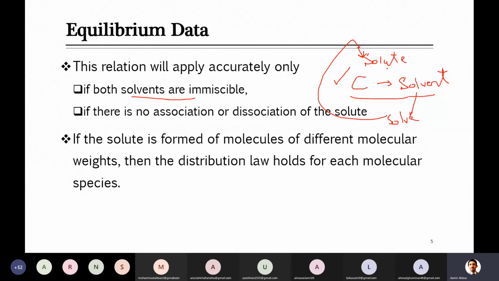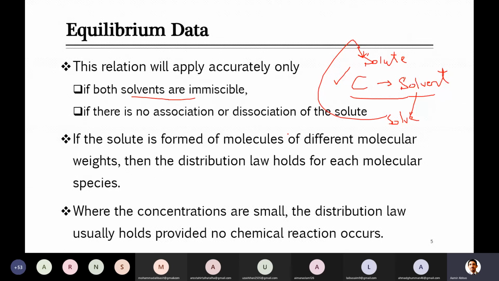It means that if you are removing more than one component, because this we also discussed, it is not necessary that only one component is removed, there can be more than one component transferred from the feed to the solvent, then this distribution coefficient will also be applicable for each of those. You can use those, because they are already different molecules with different structures, that's fine. It is not one molecule which is broken, so that is also valid for those cases.